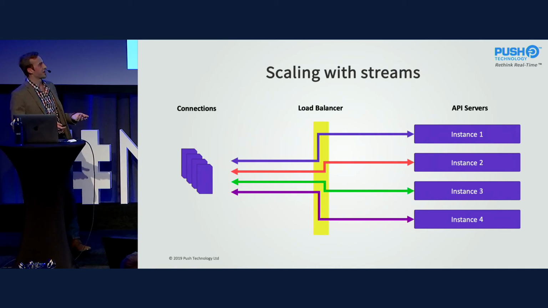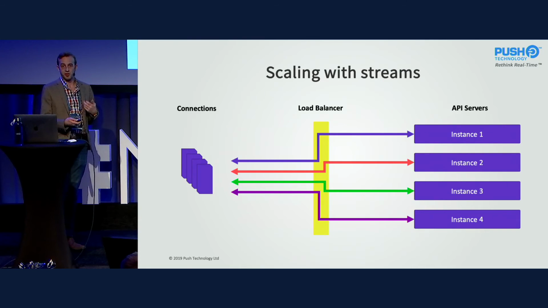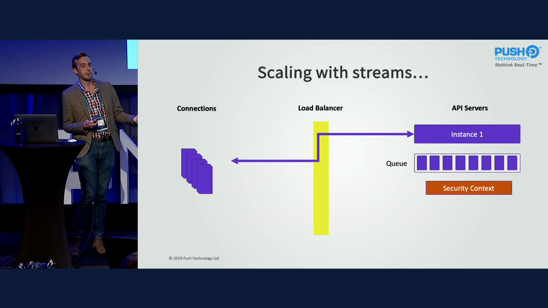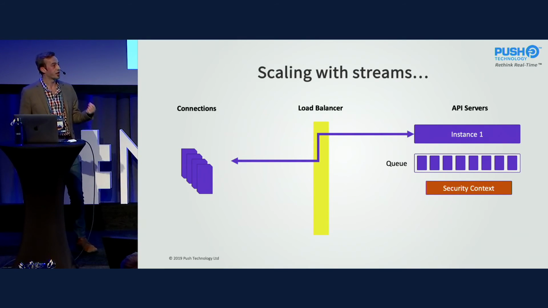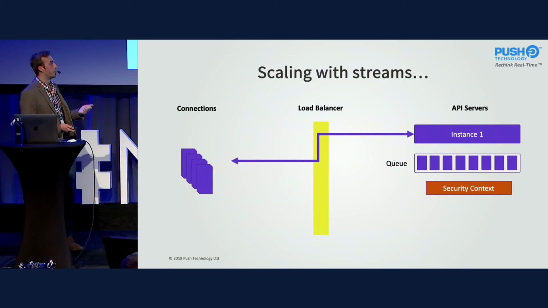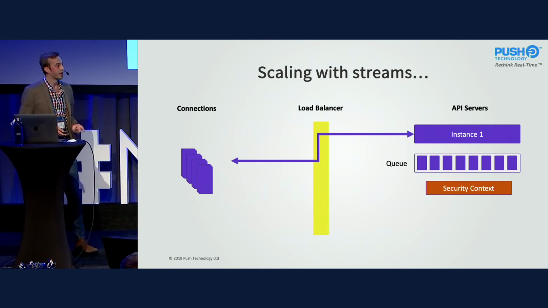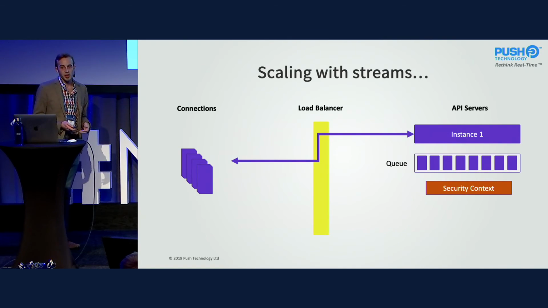Caches don't really make sense with a stream because it's a set of changing events, and it's long-lived and persistent. And for each connection, we have to maintain a queue of all the messages that we want to push out over the network. We need to remember that security context, which means now things like available memory on each API server becomes important. It means that we need to start thinking about persistence.